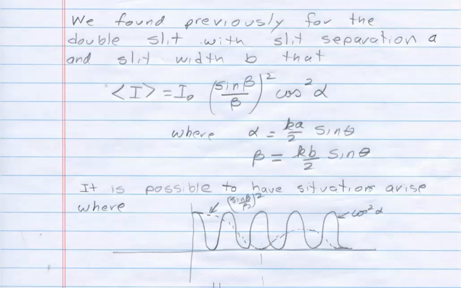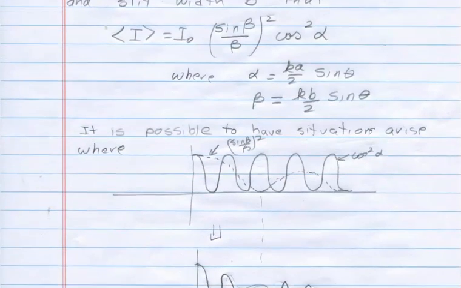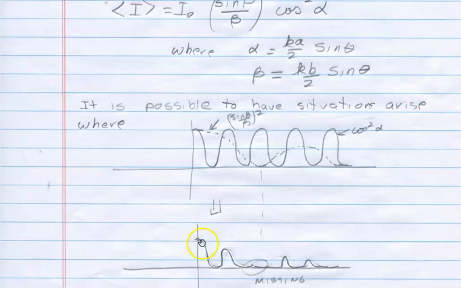And so what you get in these situations is something like this. This one is going to be decreased because of the amplitude. It's really this envelope. And then here, where there should be a relative maximum, there's nothing.